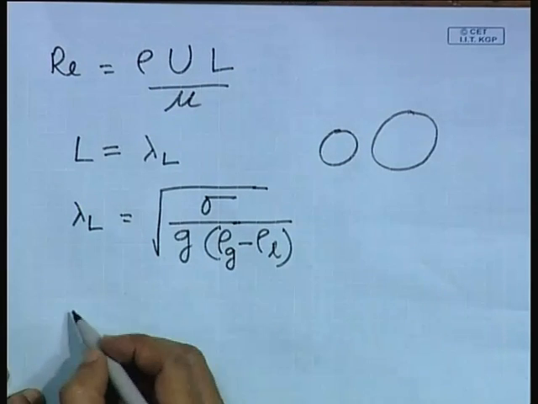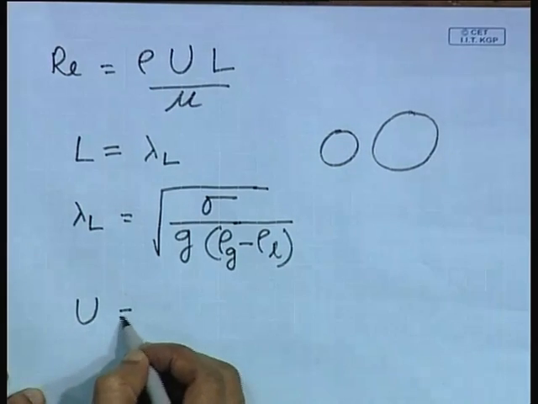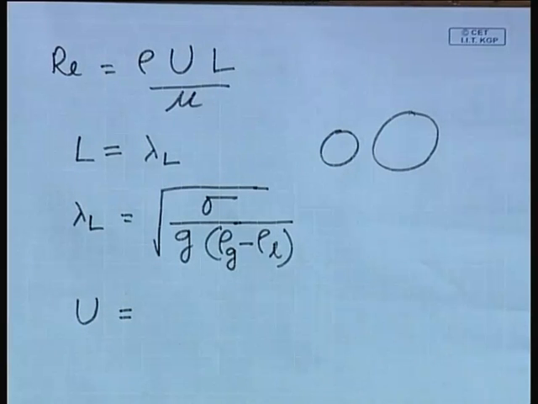Then U, how is the velocity defined? The velocity can be defined like this. You see, there will be some heat flux given, and the more the heat flux, the more will be the heat transfer. So, that means the heat flux has a direct relationship with the velocity.